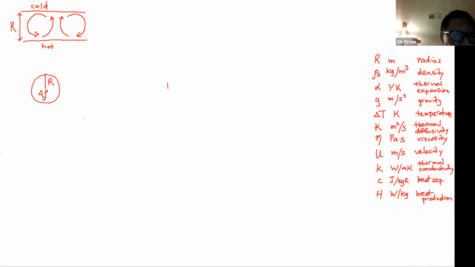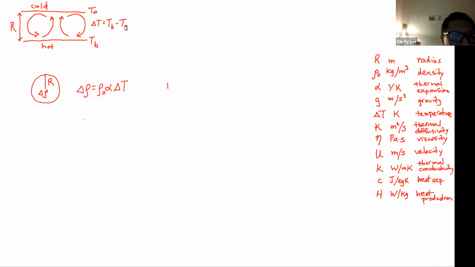That is controlled by how hot it is. Let's say it's a hot blob, so density contrast is equal to some reference density times alpha times delta T. Alpha is the thermal expansion coefficient. Delta T is the temperature. This would be temperature at the bottom, temperature at the surface, and delta T is equal to TB minus T0.